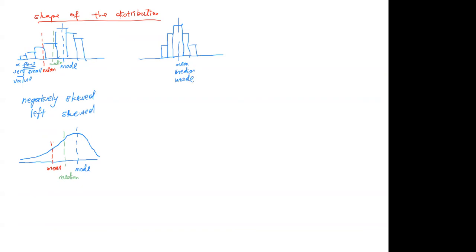So this type of distribution, we call it symmetrical. This one we will learn in chapter 8. We call this a normal distribution.